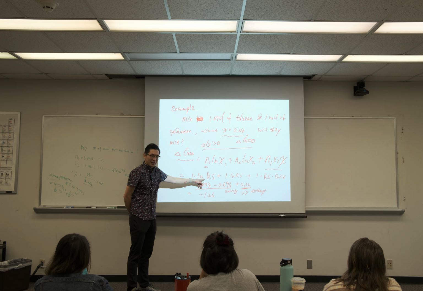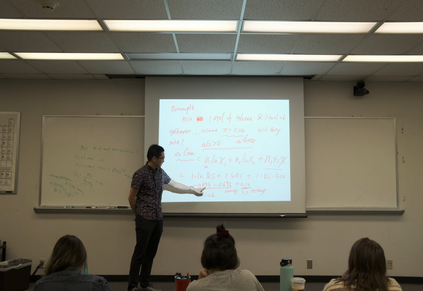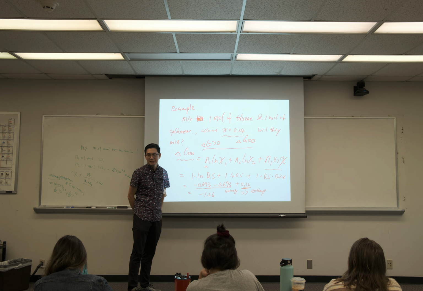Log n 0.5 will be minus 0.693. That will be the entropy of mixing for the part of molecule 1, toluene. This will be the entropy for the hexane. So if we add together, this will be the entropy gain for the system. What about enthalpy? We talked about chi is 0.24. It's a chi you can actually measure. So 1 times 0.5 times this will be the enthalpy contribution, 0.12.